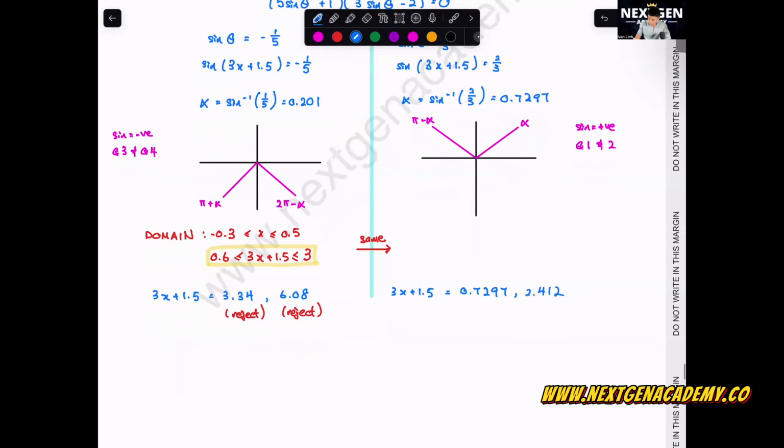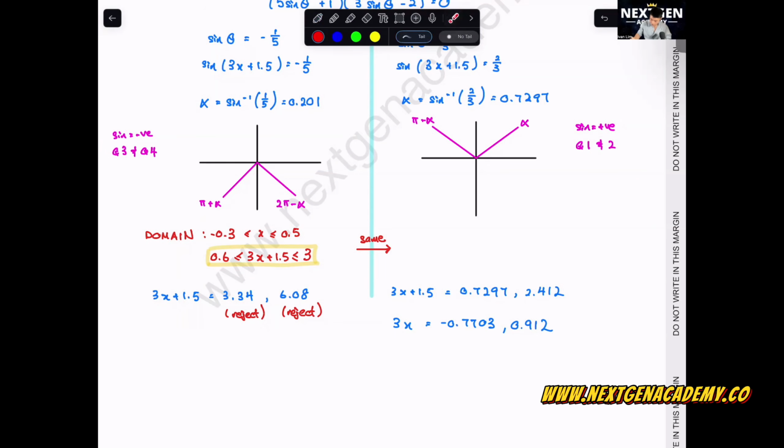To find the x value, you can do one step at a time. Minus 1.5 from both. 0.7297 minus 1.5, we get minus 0.7703. 2.412 minus 1.5 is 0.912.